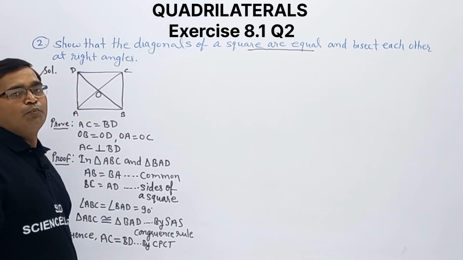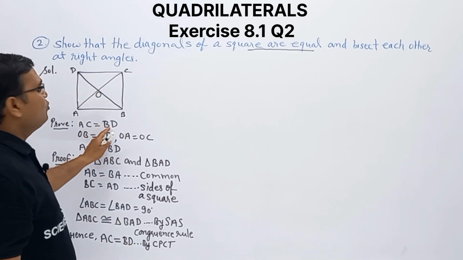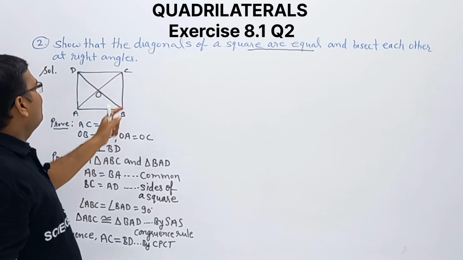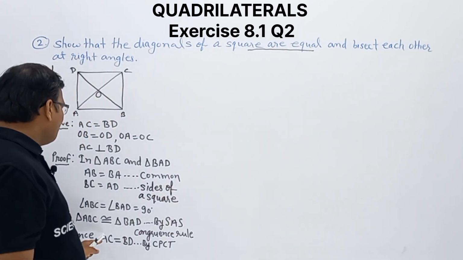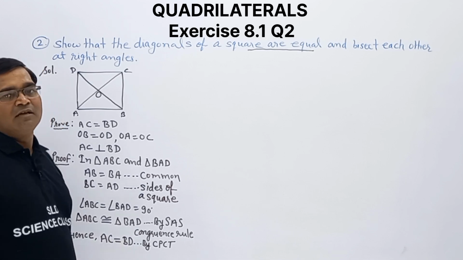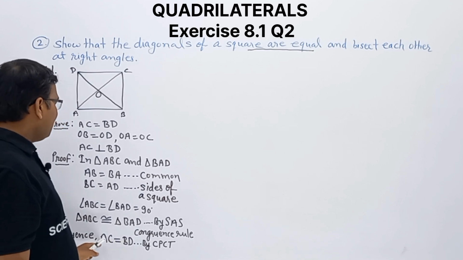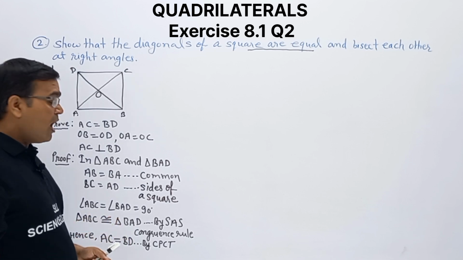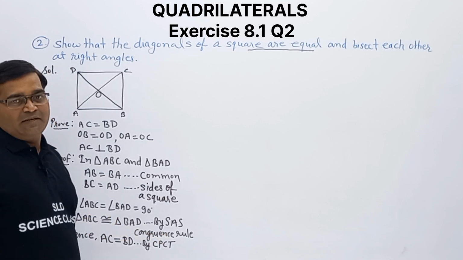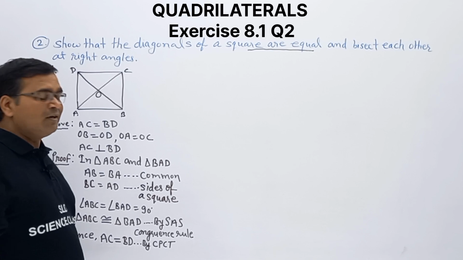This thing we want to prove, AC equal to BD. We want to prove that diagonals of a square are equal. So we proved that AC equal to BD. These are diagonals and they are equal, by CPCT.